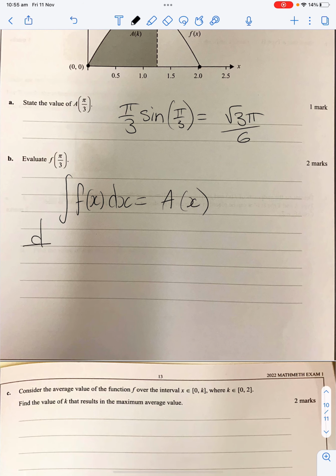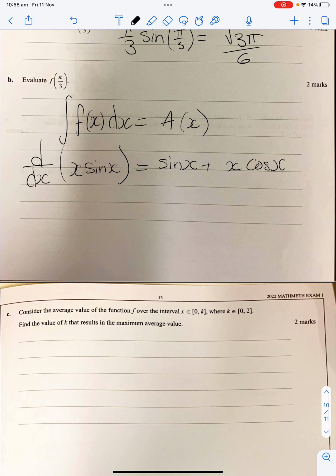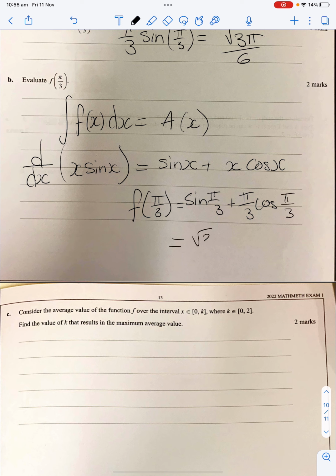So the derivative with respect to x of x sine x, using product rule, sine x plus x cos x, and then we can sub in pi on 3. So f of pi on 3 is equal to sine of pi on 3 plus pi on 3 cosine of pi on 3. So root 3 over 2 plus pi on 6. Pi on 3 times a half is pi on 6.